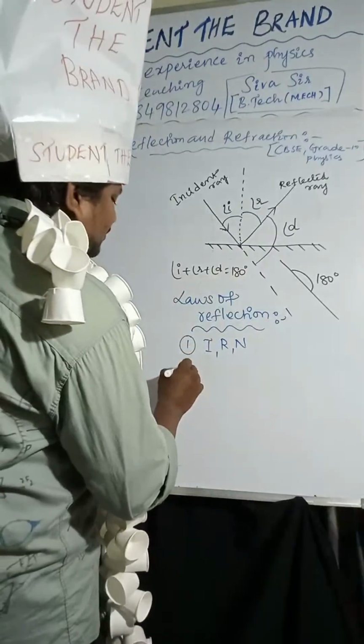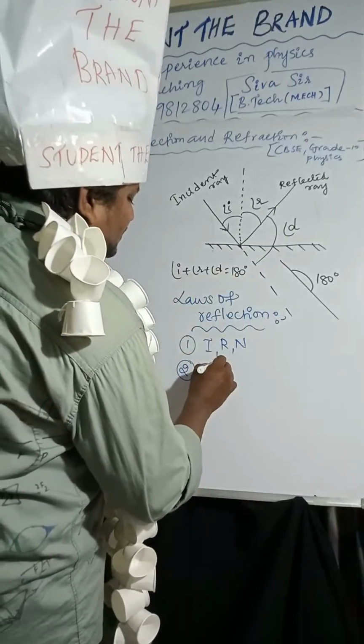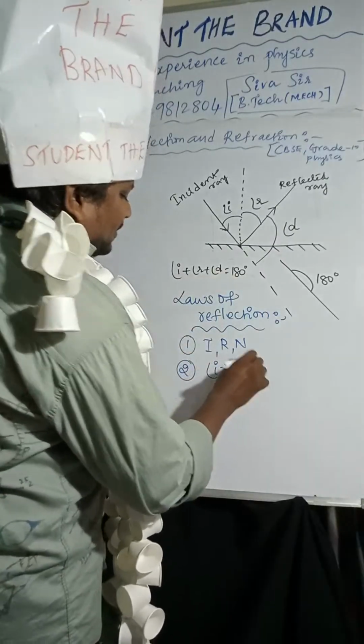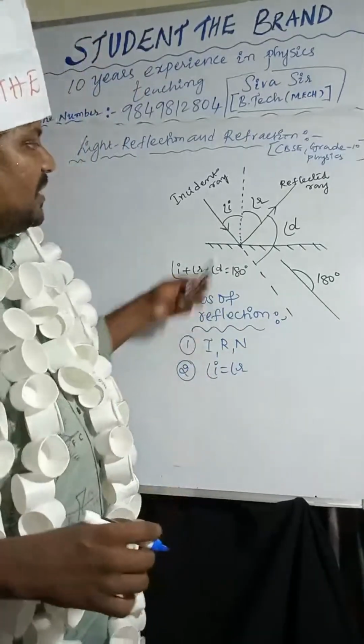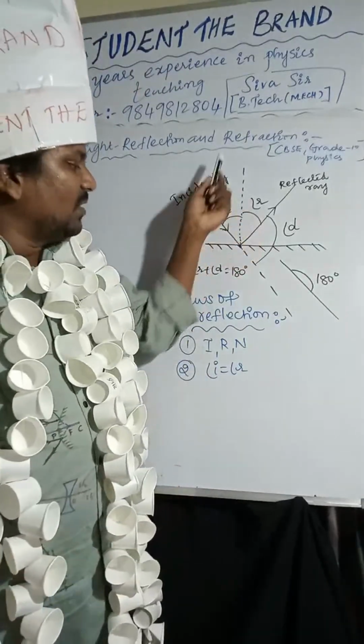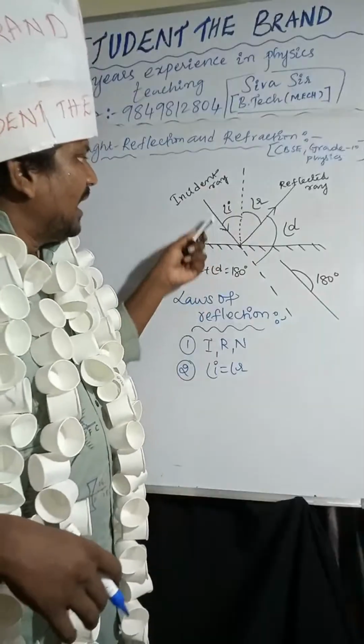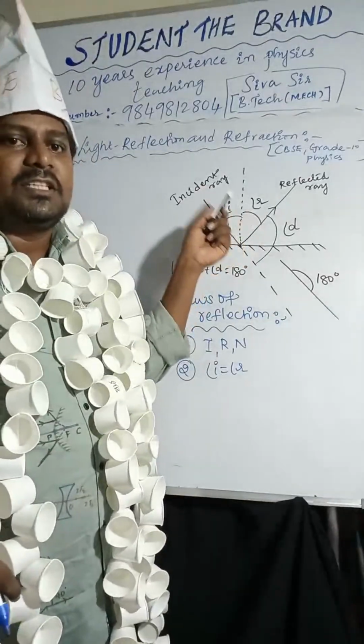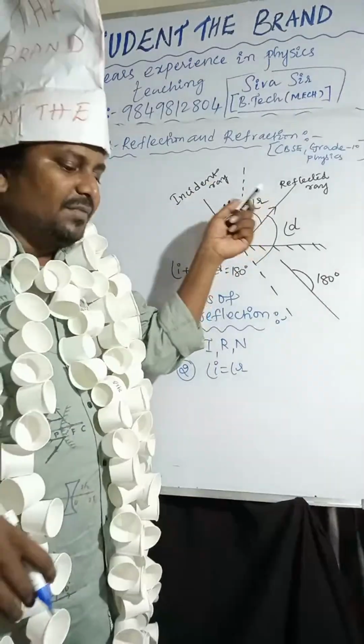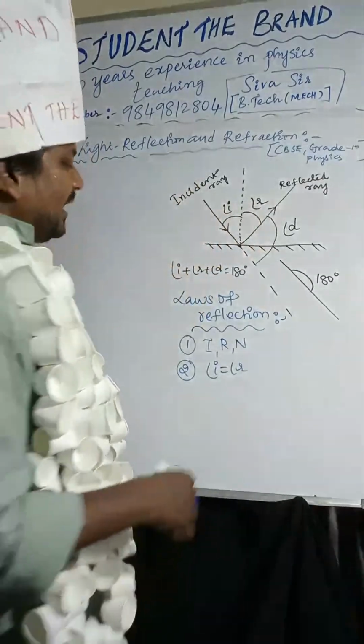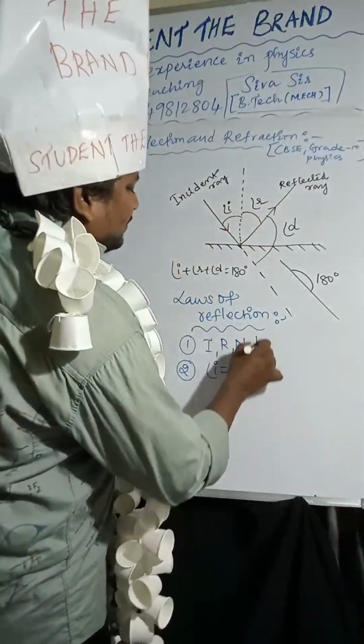The second: the angle of incidence is equal to the angle of reflection. These two are the laws of reflection.